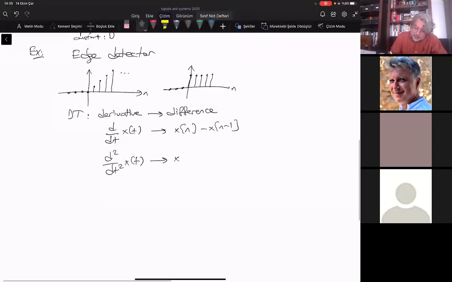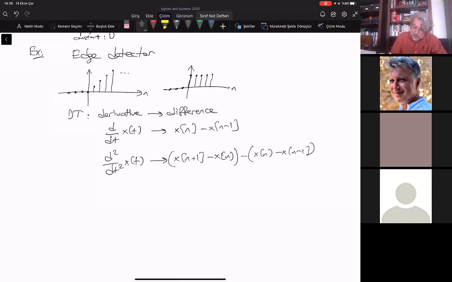So it is like x of n plus 1 minus x of n, which is one difference, minus x of n minus x of n minus 1.